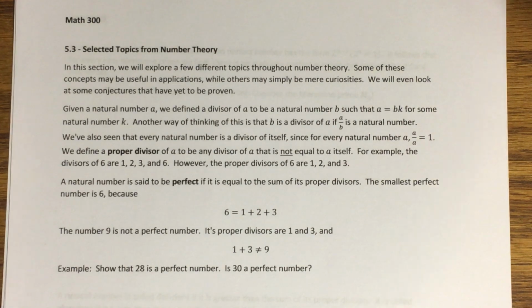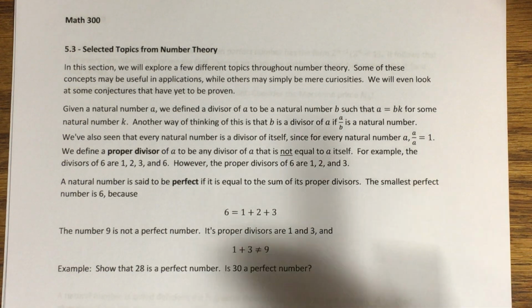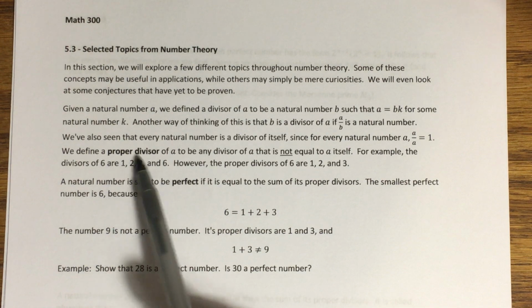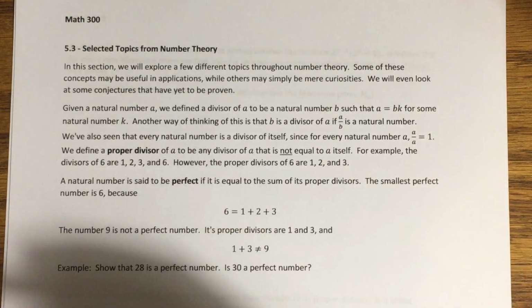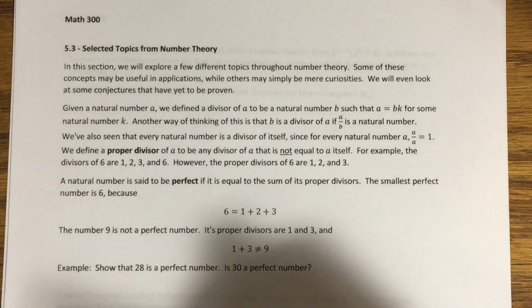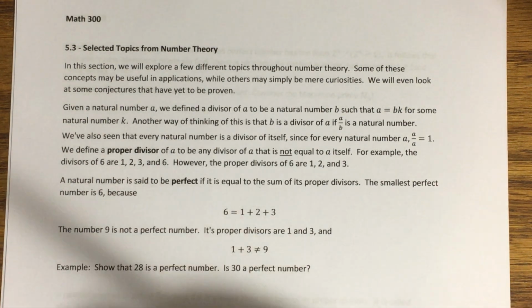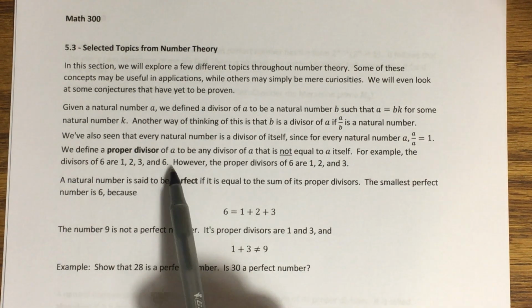We've been talking about prime numbers and the concept of divisors for the first two sections in this chapter. And I want to talk about something that we call a proper divisor. If you have a natural number, a proper divisor of that natural number is just a divisor that's not equal to the number itself. Take, for example, the number 6.